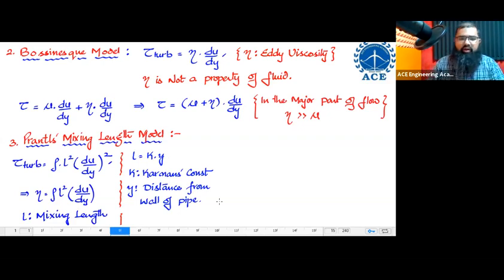Okay. Now let me define what is this mixing length. Please imagine that you are having a pipe. Let us take a diagram for imagining better.